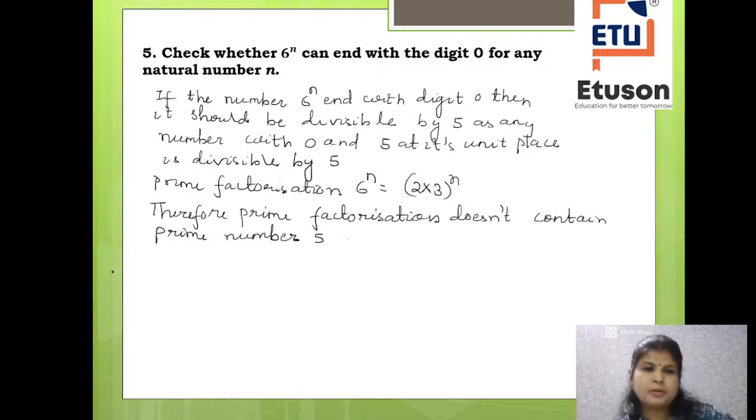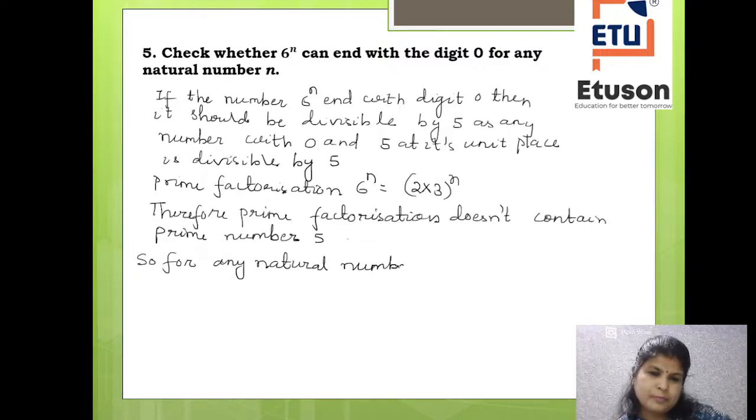Okay, so for any natural number n, 6 to the power n is not divisible by 5.